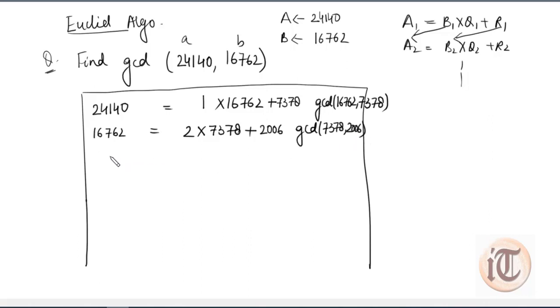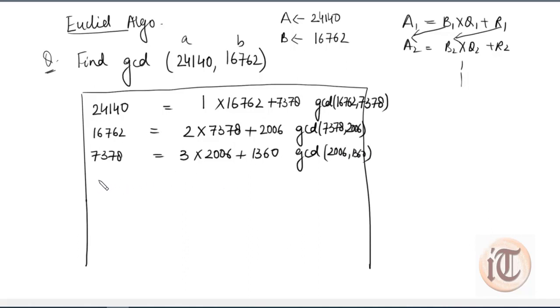In the next step, this becomes A and this becomes B. So 7378 equals 2006 multiplied by 3, with a remainder of 1360. So this becomes GCD of 2006 and 1360.